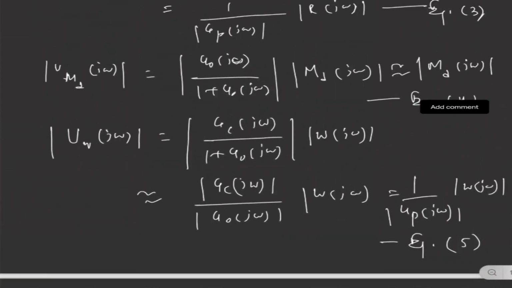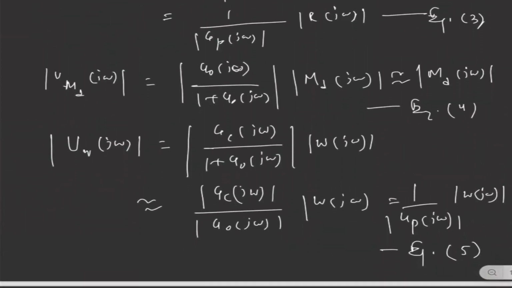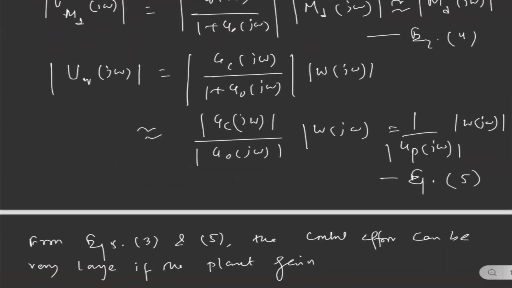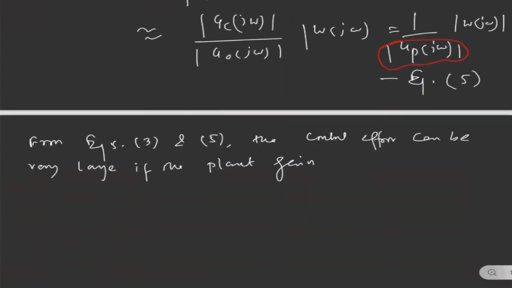If you notice, here we have equation 3 and equation 5, where the total control effort is expressed in terms of plant gain. This is basically the plant transfer function, and the magnitude of the plant gain is very small.